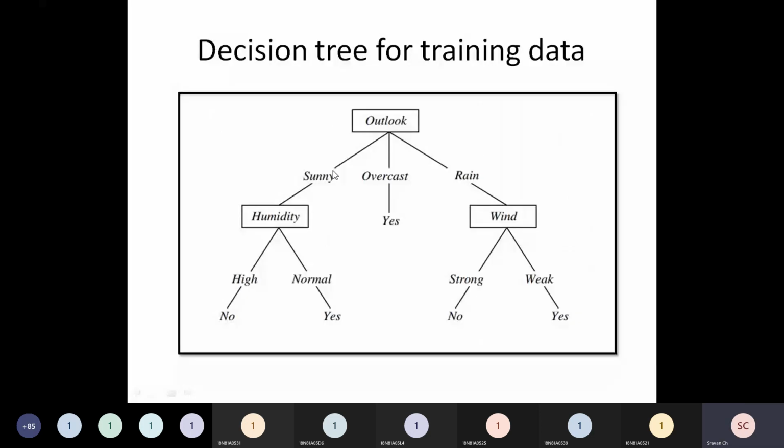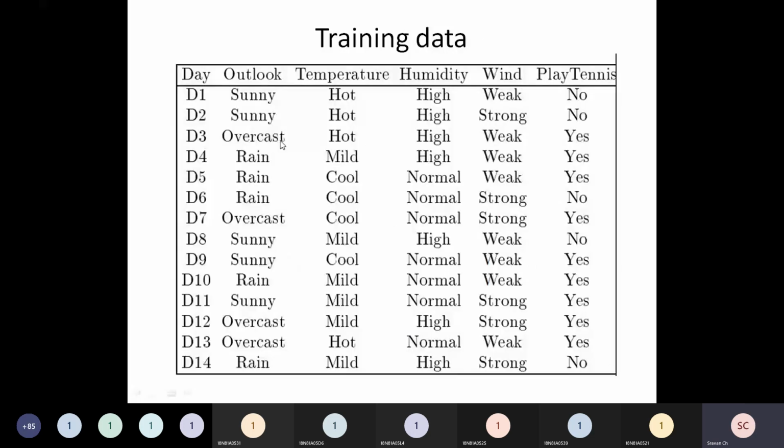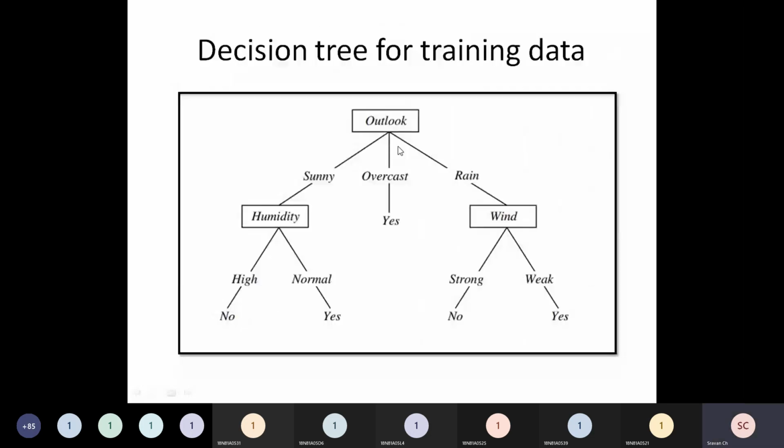Now, one important point: if you observe our data set, whenever it is overcast, what is the output? Please observe, overcast, output is yes. In all cases, if it is overcast, my friend will go and play tennis.